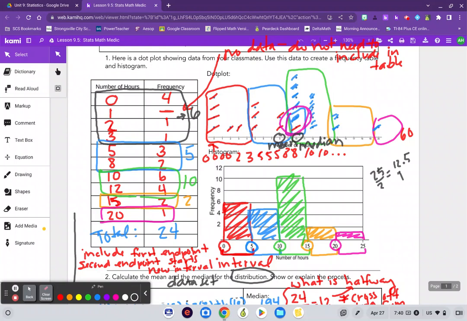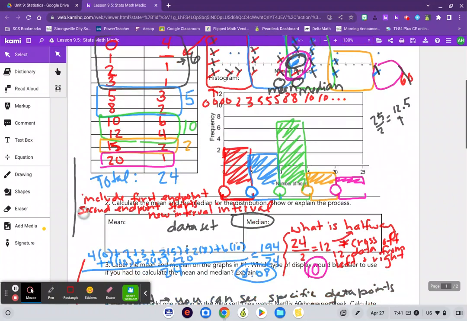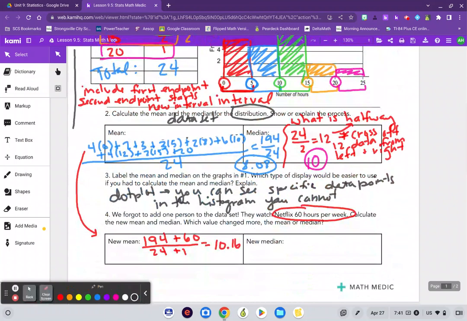So I'm going to cross off 12 pieces of data on both sides. 1, 2, 3, 4, 5, 6, 7, 8, 9, 10, 11, 12. Okay, that's pretty reasonable. So 1 at the 60, 2, 3, 4, 5, 6, 7, 8, 9, 10, 11, 12. Because I have 25 pieces of data, I do have one left over. It's still in the tens, okay? And so my new median is still 10.